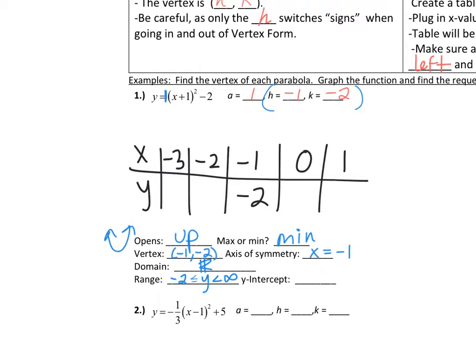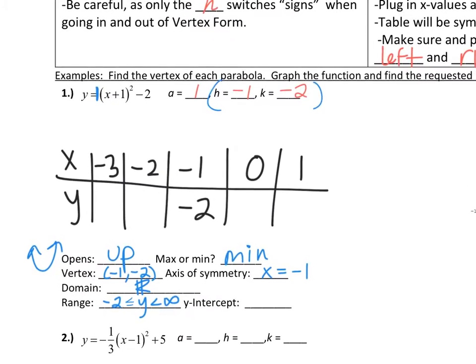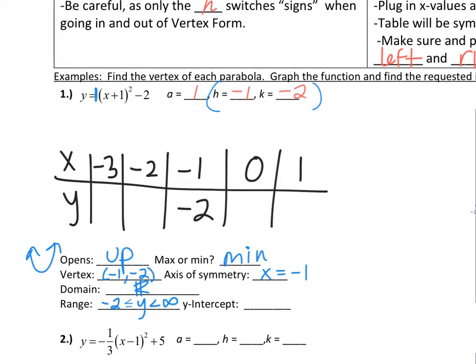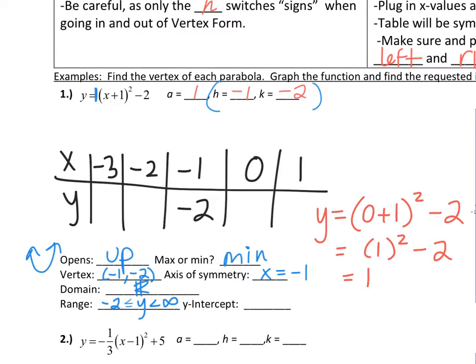If you're confused on how to do this, watch up at the board and I'll do it with you. So I'm going to plug in 0. So y is equal to, in parentheses, 0 plus 1 squared minus 2. So 0 plus 1 is 1. So 1 squared minus 2, which is 1 minus 2, which is negative 1.